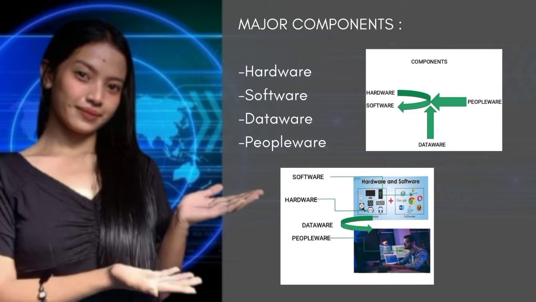However, when data is missing, people can do nothing. These components, when taken separately, are incapable of achieving the computer's potential. In order for input and connectivity to be possible, hardware and software require the human aspect.